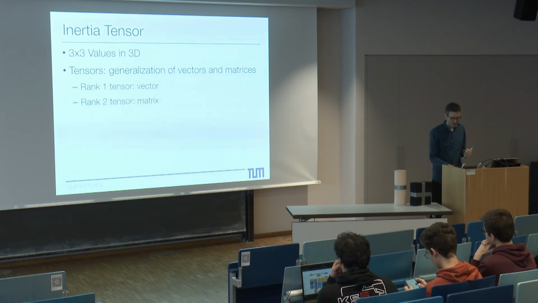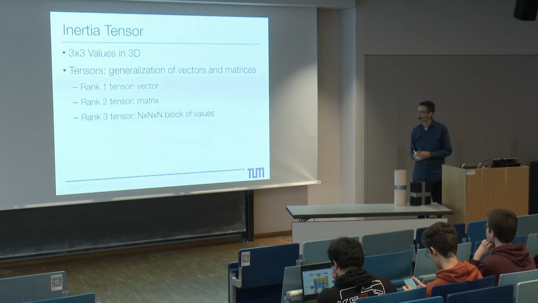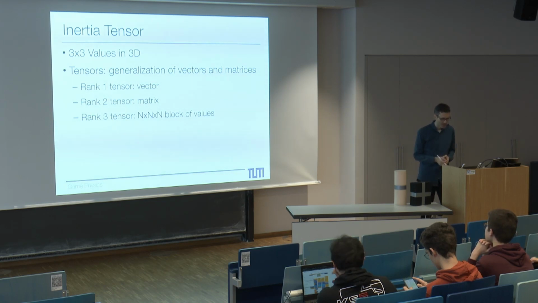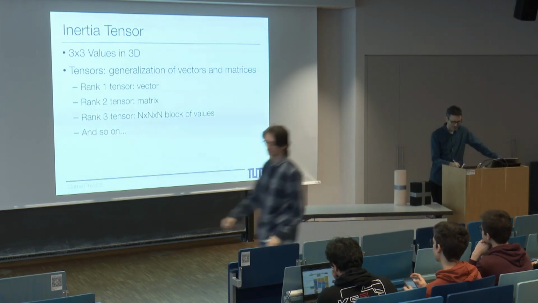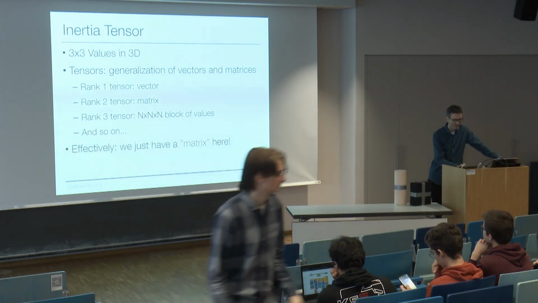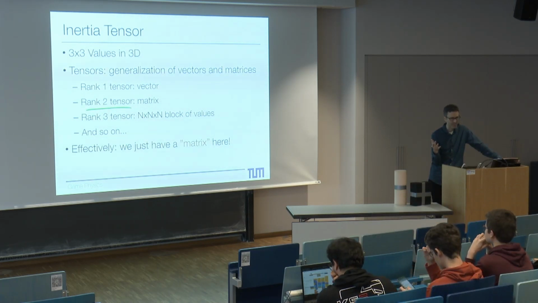Tensors are actually this generalization, so theoretically we could have even higher rank tensors. They actually do come in handy in certain situations. You can think of it like this dense block of values in any number of dimensions, but that goes a bit beyond what we deal with. So we just have this rank 2 quantity, which means we have something that looks like a matrix.